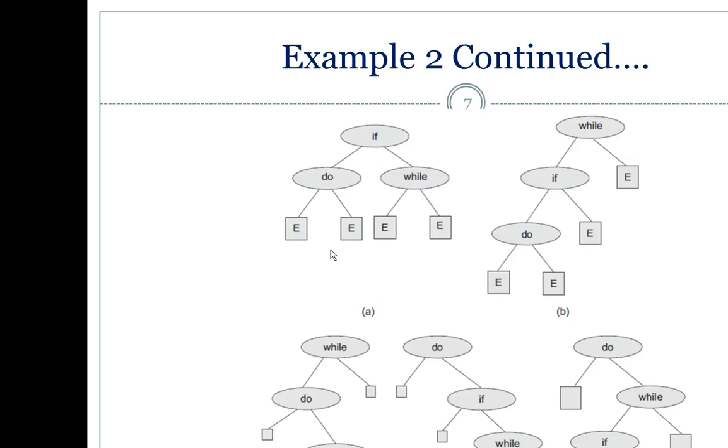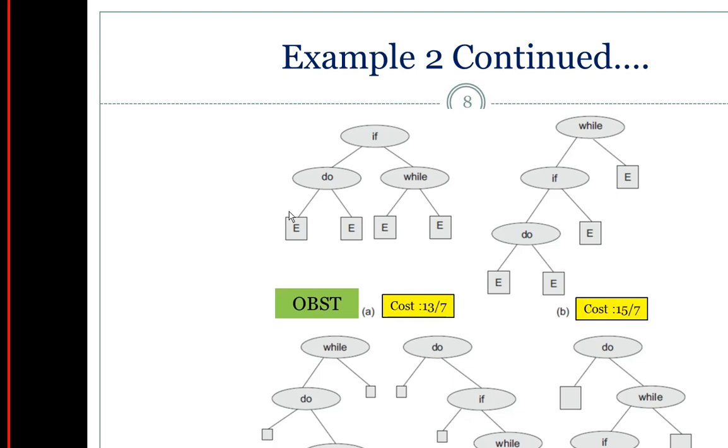Now using the general programming formula, we have to find out the cost of each tree, and whichever tree has the minimum cost, that tree will be the OBST. If we apply the formula given on slide 5, we get the cost for each BST. Now observe the cost carefully.